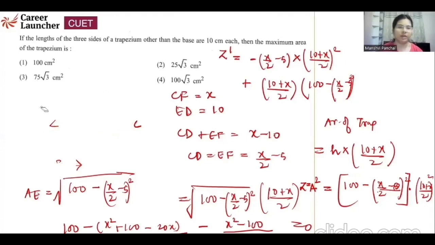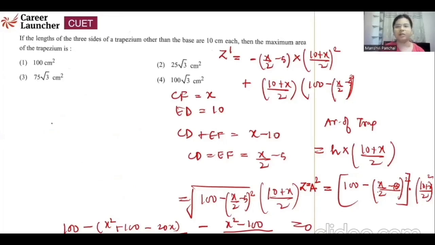What will we get as the value of x? Let's try to solve this. Taking the LCM as 8, you make it 800 minus 4x squared minus 400 plus 80x minus x squared plus 100 equals 0.